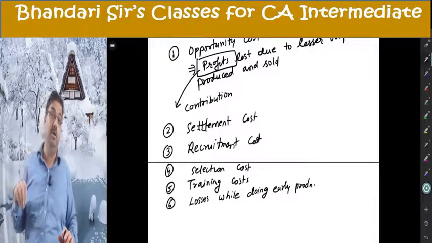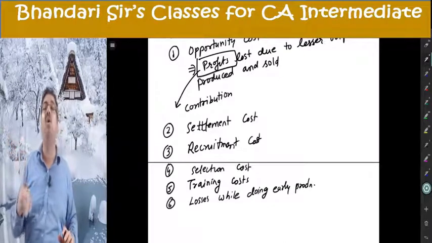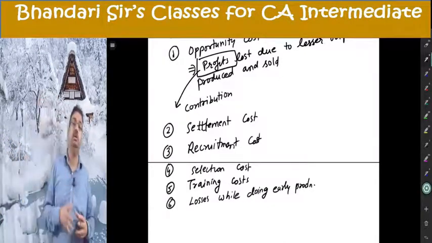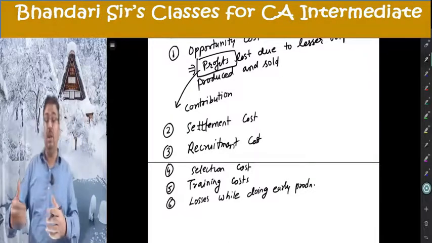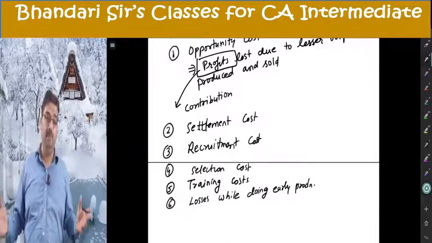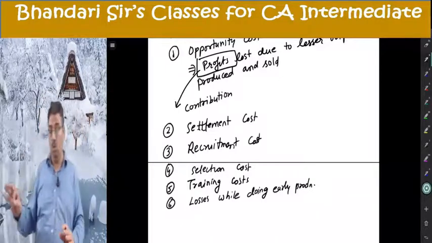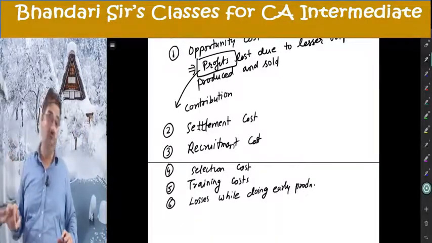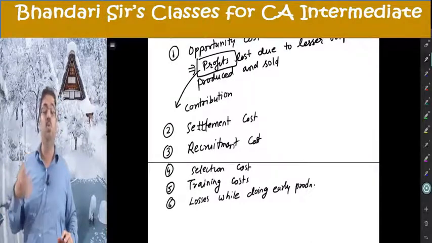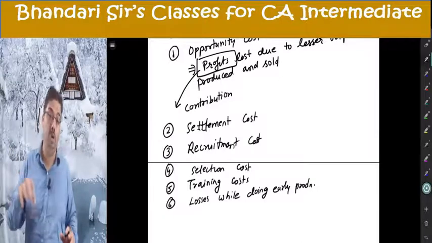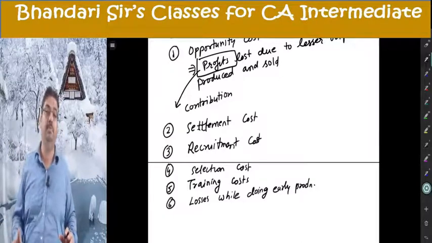Now these people are doing the production for the first time, maybe having more damages, more losses. That is also part of their cost. This is all that you will be getting in some practical question also. In the last 4 examinations, there had been no question on labor turnover. In order to save you from some contingency, we will be doing one odd question from your institute module on this also.